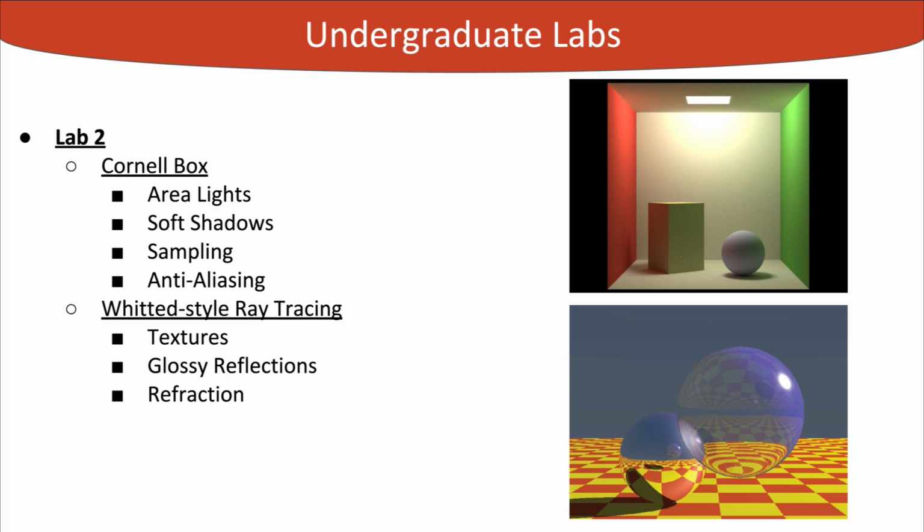The Cornell box from the first lab is extended with area lights, soft shadows, sampling, and anti-aliasing. Finally, we set up a Whitted-style ray tracing demo scene where we implement procedural textures, glossy reflections, and refraction. We emphasize the fact that all these effects are very hard to implement in rasterization, and how ray tracing allows us to generate these pretty pictures in an elegant manner.